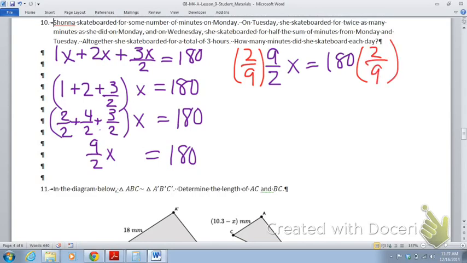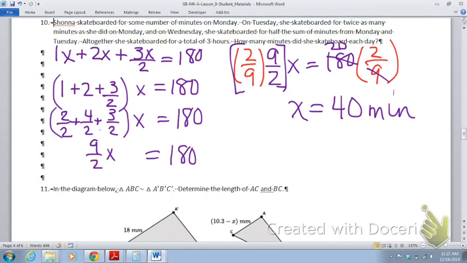So I have here, now this part becomes 1, so this is just x. And now I just have to multiply out 180 times 2/9. So I can see that there's a factor of 9 in 180, which leaves 20. 20 times 2 is 40, and I know that that's minutes. So that's 40 minutes on Monday.